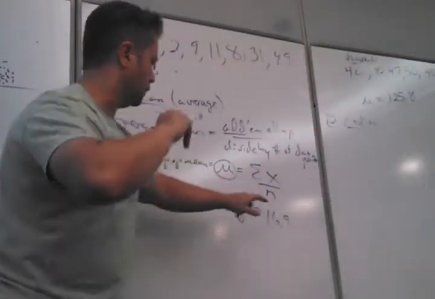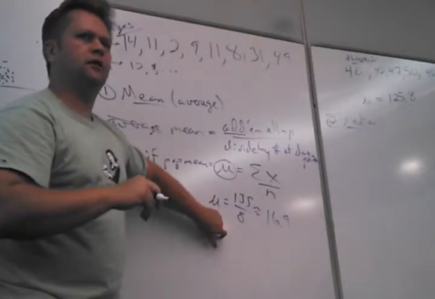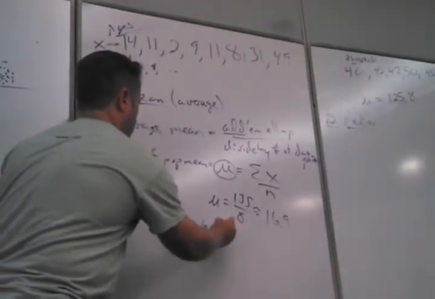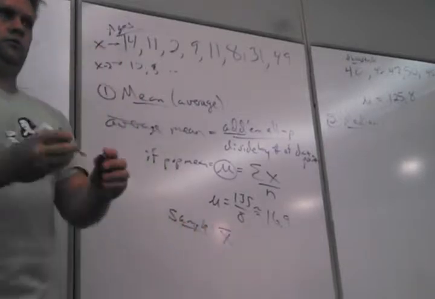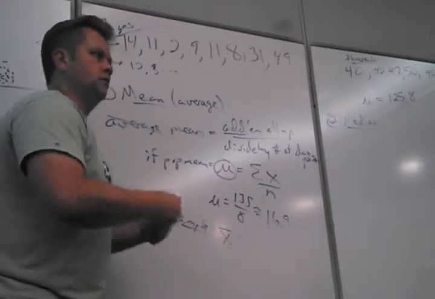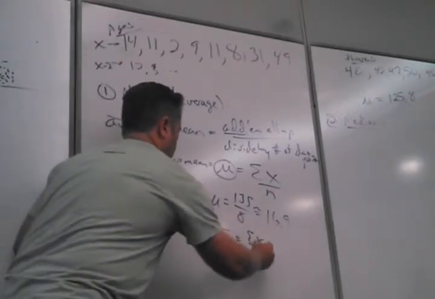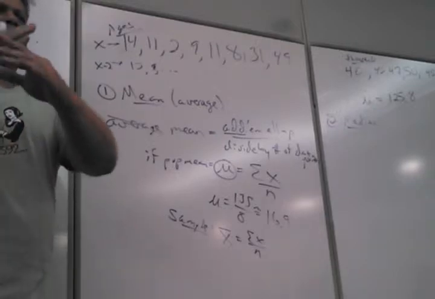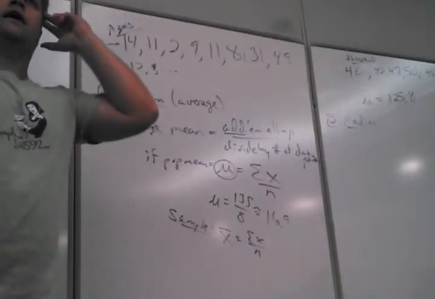And real quick, before I get too far away, I forgot that I did only the population. If this was a sample, it would be x bar instead of mu, but the funny thing is it's the exact same formula. It's just that if I say x bar equals, I know I'm dealing with a sample.